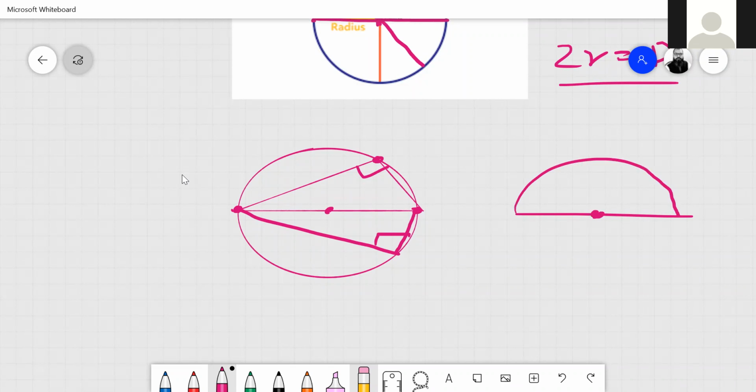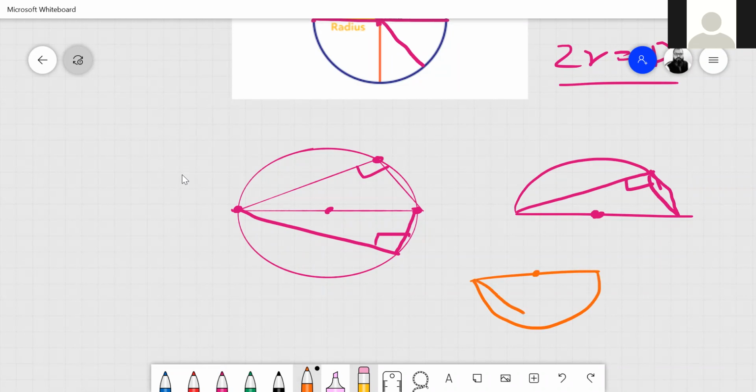This is a diameter. With this diameter, we make the two parts. From here, if we join, and from here, if we join at this place, this angle will be 90 degrees. The same for the other part, if I draw here, this is the center.